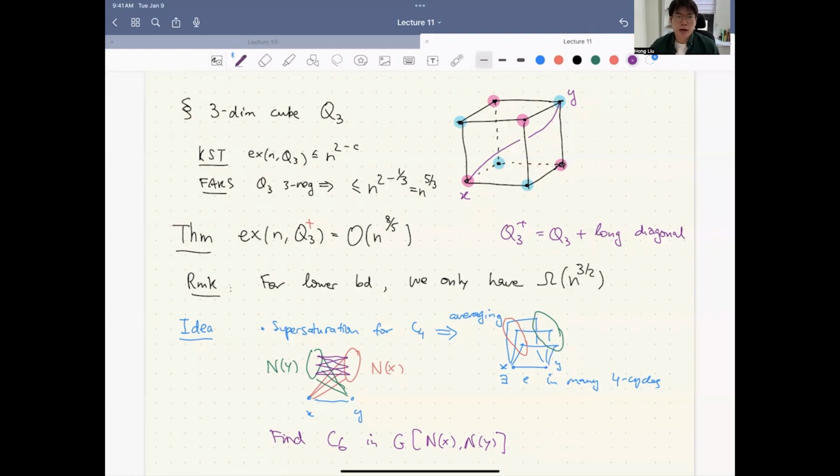So let me highlight it and show you that this is indeed the case. Let me use purple to highlight it. So we have our edge XY, the same XY here, this edge. I used blue, so maybe let me also use blue here.